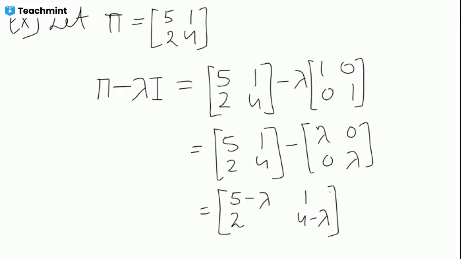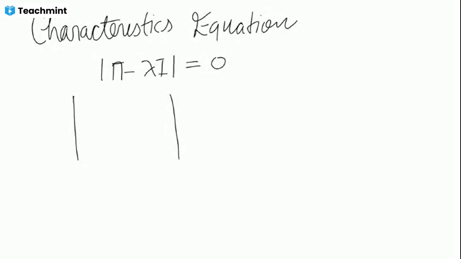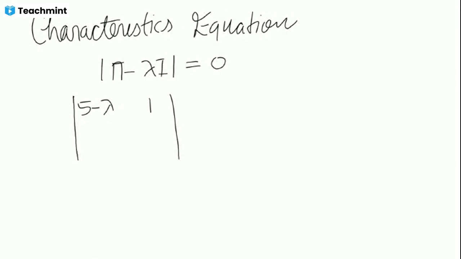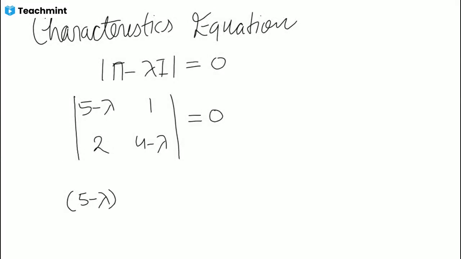Yes, ma'am. So we need to find the determinant, which is 5 minus lambda, 1, 2, and 4 minus lambda. Multiply these values, then take the minus sign, then subtract the product of the other values. So 5 minus lambda into 4 minus lambda minus 2 into 1 is equal to 0.